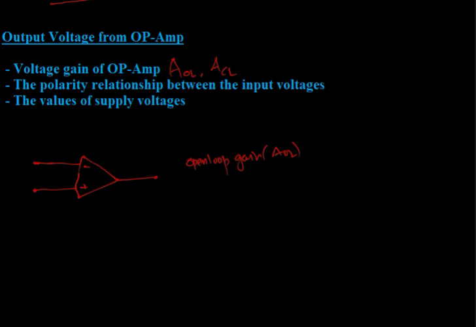When a feedback is applied, that is, a part of the output signal is sent back to the input terminal, usually negative feedback is employed. So we will have a feedback resistance connected from the output terminal to the inverting input terminal.